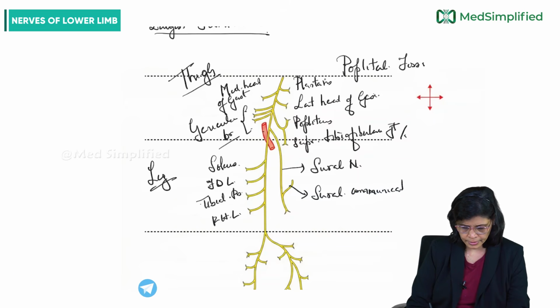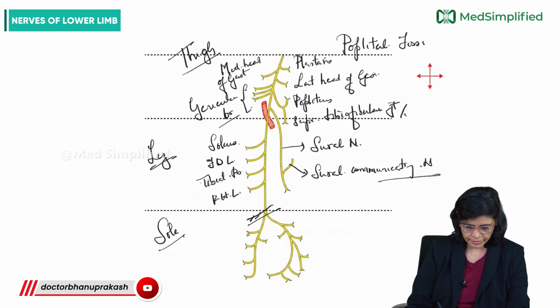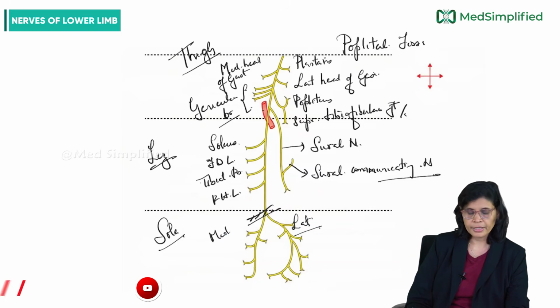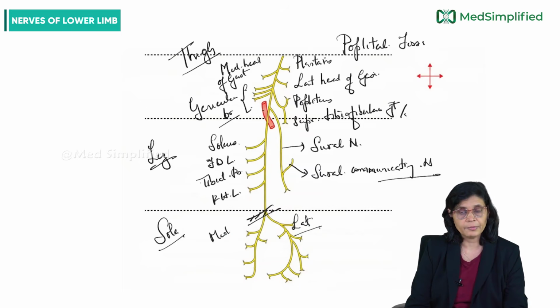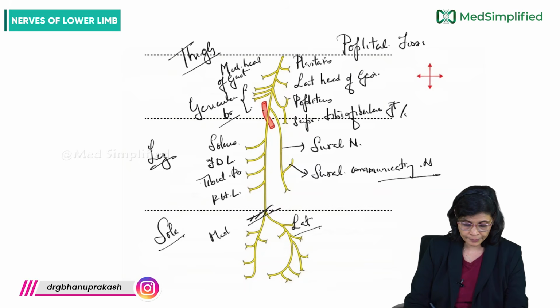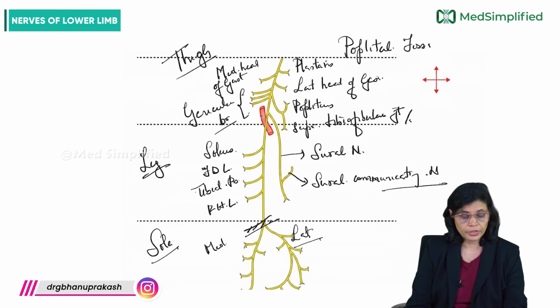In the sole, after passing through the flexor retinaculum, it will divide into medial and lateral branches. These medial and lateral plantar nerves we will study separately, but here this is about the distribution of the tibial nerve.